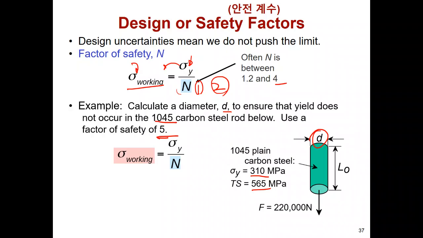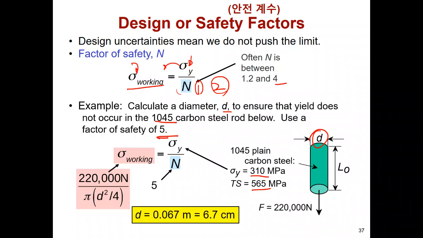We have the yield strength value and the safety factor 5, and the applied loading is 220,000 newtons, and the cross-section area is pi r squared. We do not know the diameter yet, but the remaining values are already determined. So finally the diameter is 0.067 meter, 6.7 centimeter. In that way we can use at least a 6.7 centimeter diameter for the load.